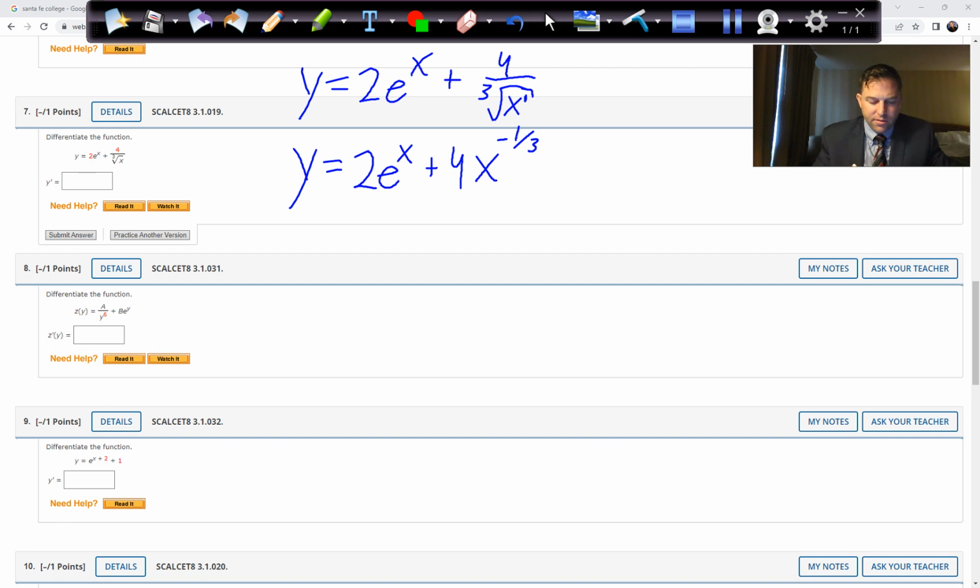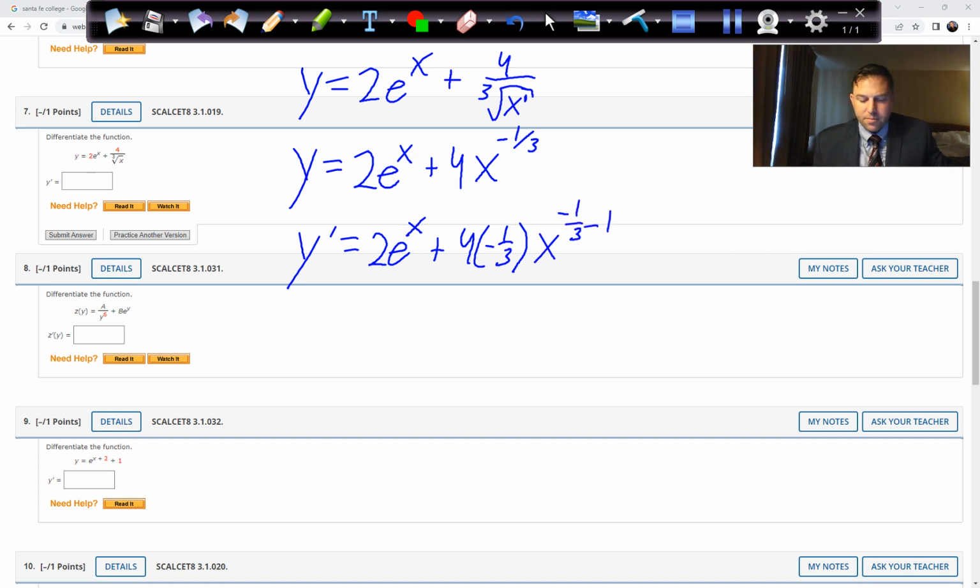Now we can do our derivatives. So the derivative of 2e^x is just 2e^x. Doesn't change at all. This one, however, the minus 1/3 is going to come down and multiply the 4, and then we are going to subtract 1 from that power. So we're going to get 2e^x minus 4 over 3, and then this is going to be x to the 1/3 minus 3/3.